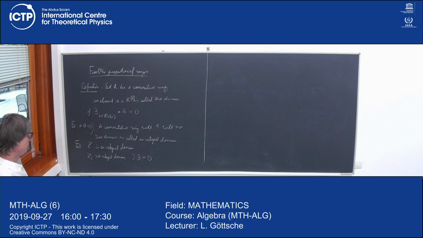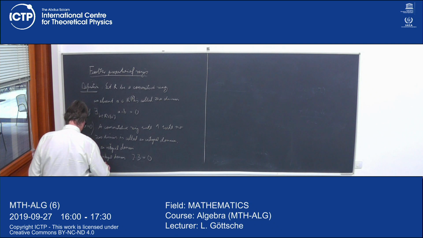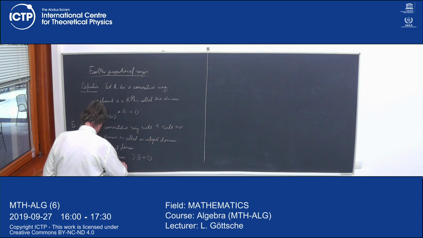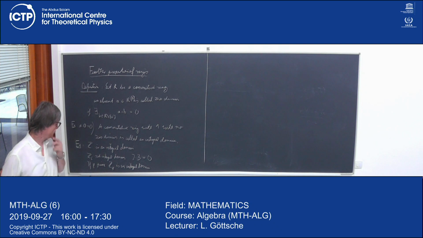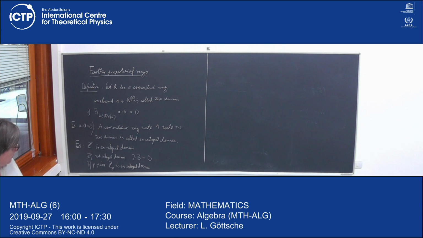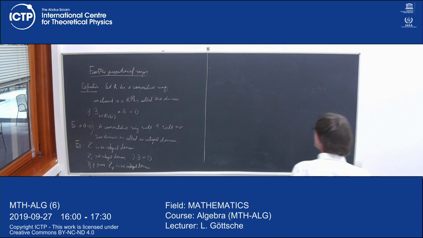On the other hand, if p is a prime, then Z_p is an integral domain, because if I have two integers which are not divisible by p, then also the product will not be divisible by p. And so the rest after dividing by p is not zero. So these are some simple examples.